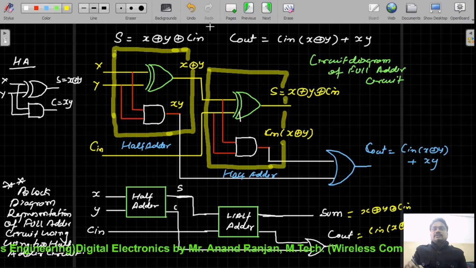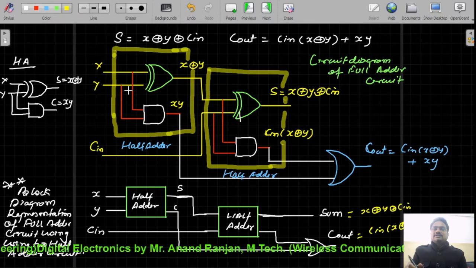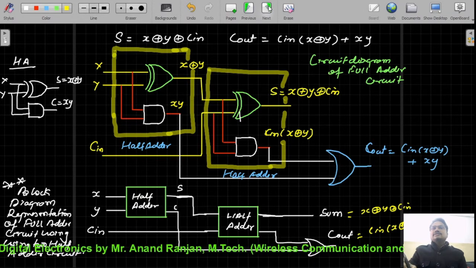So this is the block diagram representation of the full adder circuit, which can be implemented using half adder circuits.